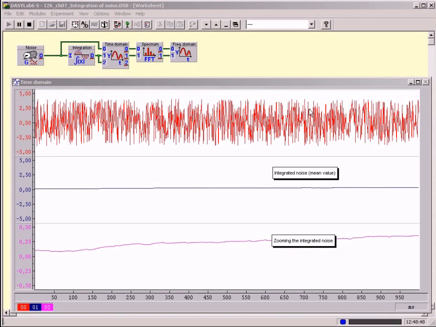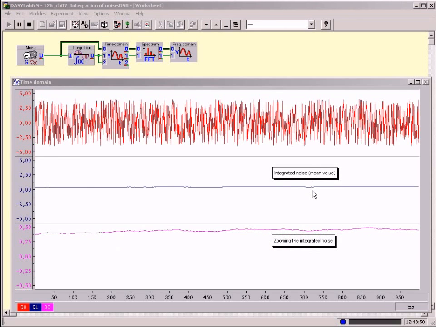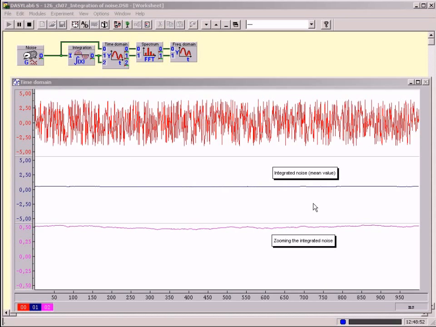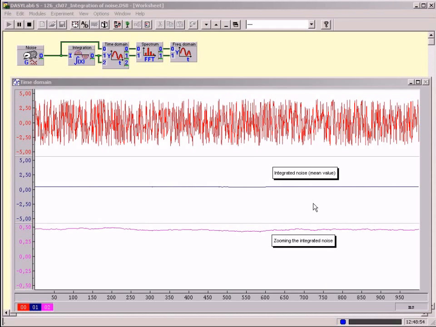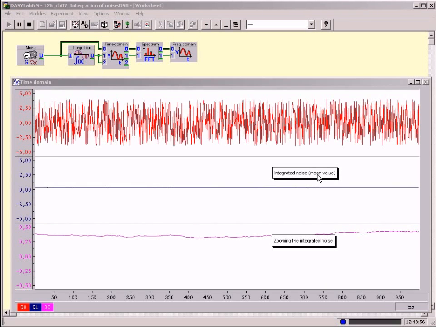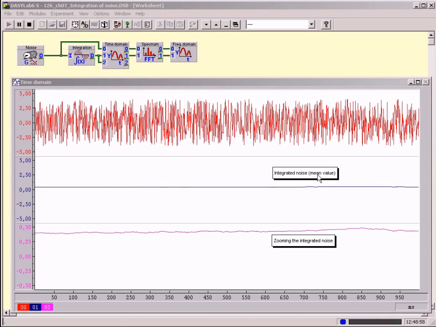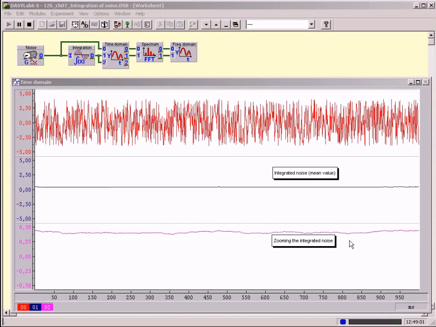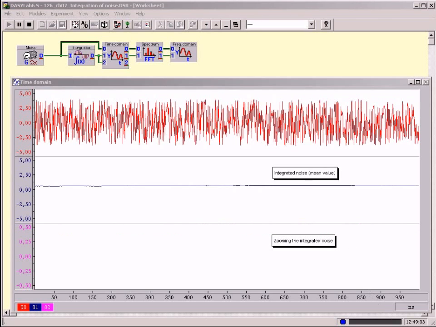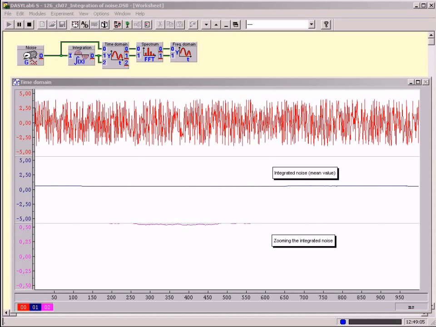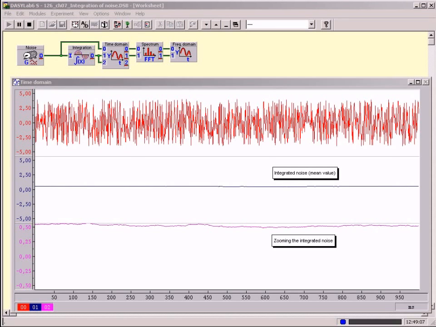On average, all areas must be zero. Accordingly, integration can be used to form the mean value, an extremely important aspect for measuring technology. In addition, forming a mean value apparently eliminates noise better than a normal filter could.